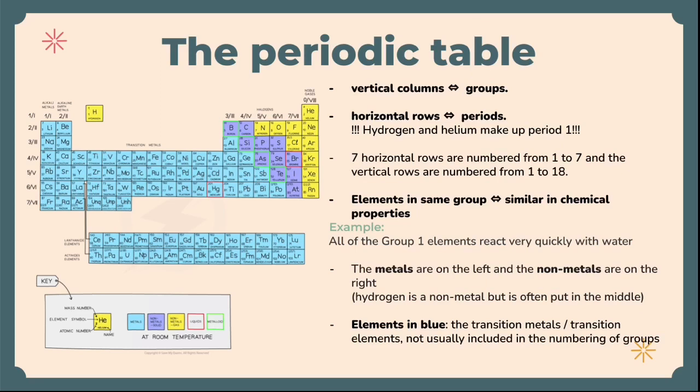At this level, they are not usually included in the numbering of the groups. Some groups have names. Example: Group 1 is the alkali metals, Group 7 is the halogens, and Group 18 is the noble gases. The metals are on the left and the non-metals are on the right. Hydrogen is a non-metal but is often put in the middle.